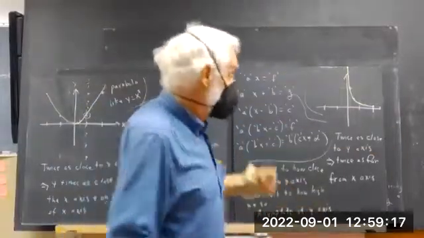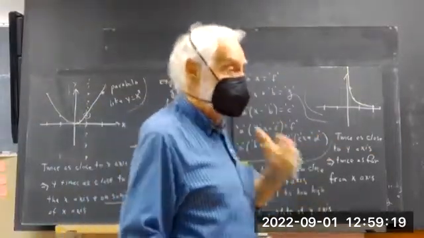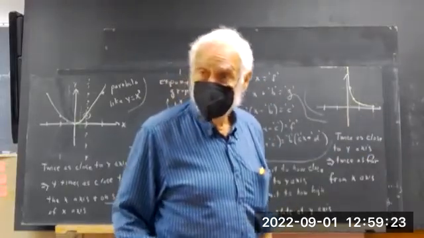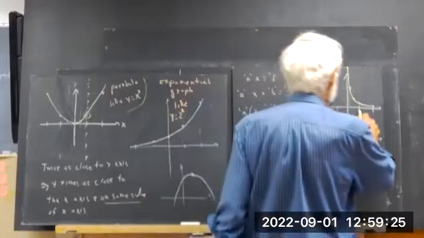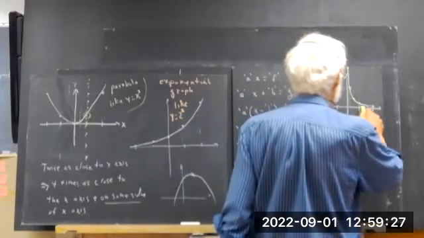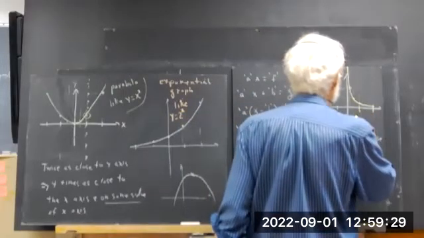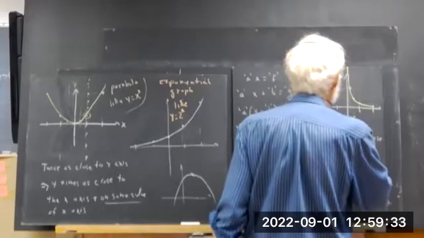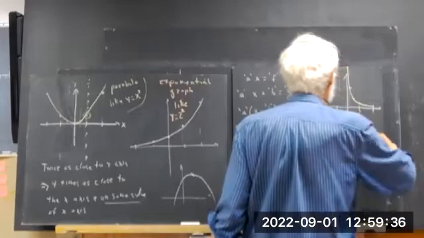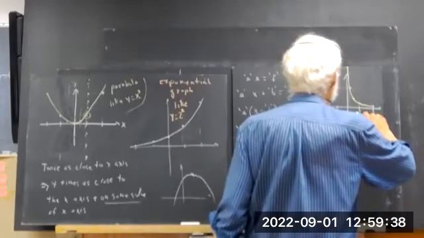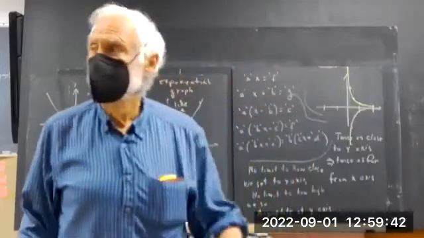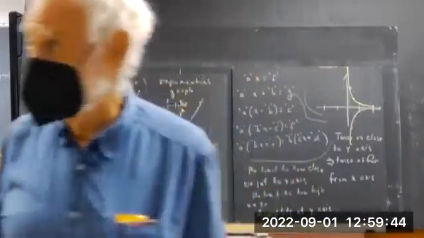Now we could have done the same thing. I didn't specify that we should stay on the same side of the x-axis, did I? So we could have gone one here and one here and one way down here. We could have had another branch of this function or of this process.